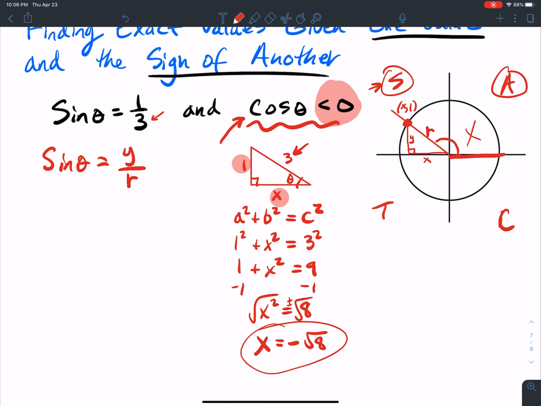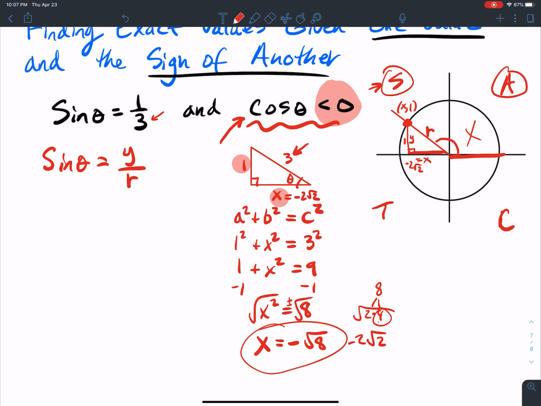Now I can simplify this a little bit because 8 is 2 times 4, and the square root of 4 is 2, so this is 2 square root 2. So my x value here is negative 2 square root 2, and it makes sense since we're going in this direction, the x would be negative 2 square root 2, and we're going up 1.